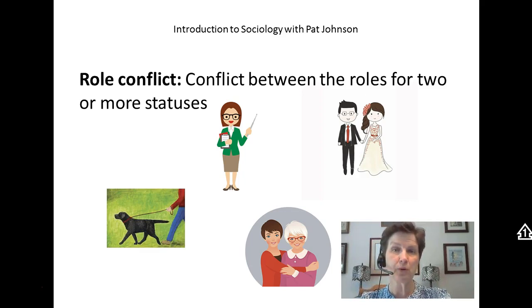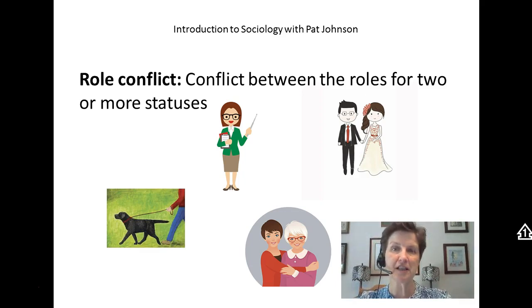I'm in contact with them every day, but it's very hard for me to just drop everything and go unless it's an emergency because those two statuses have conflicts. The role of being a teacher, in other words, teaching, and the status of being a daughter with the role of helping taking care of my elderly parents can be in conflict many times.